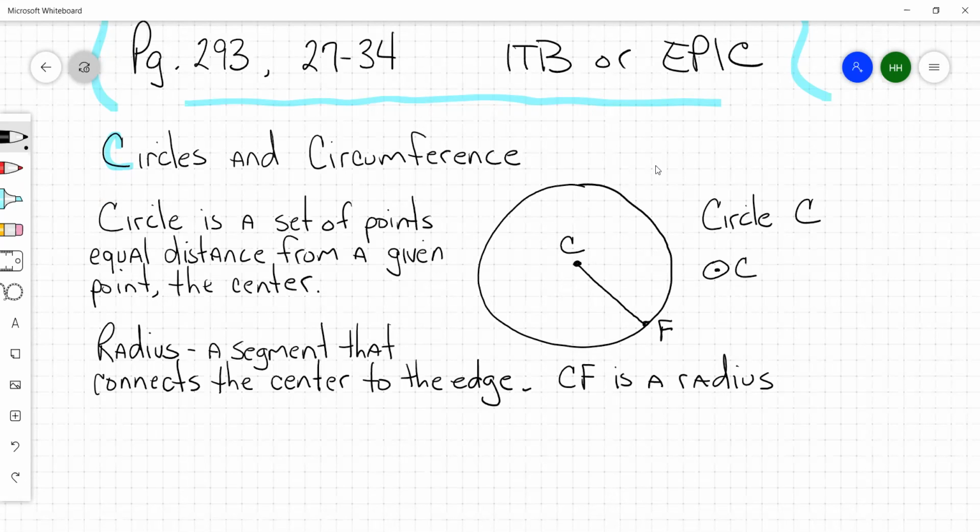A chord. That's a segment with endpoints on the circle.